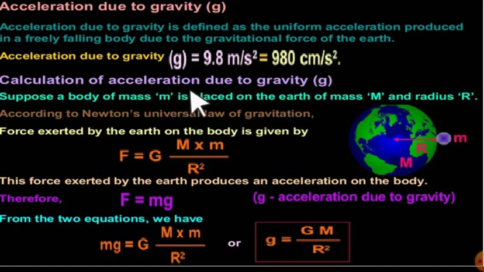So how to find out the value of this acceleration due to gravity? When that object is falling, that is a gravitational force. That gravitational force is nothing but the weight of that particular body. Suppose you place an object here onto the surface, then this object is experiencing the gravitational pull of the earth.